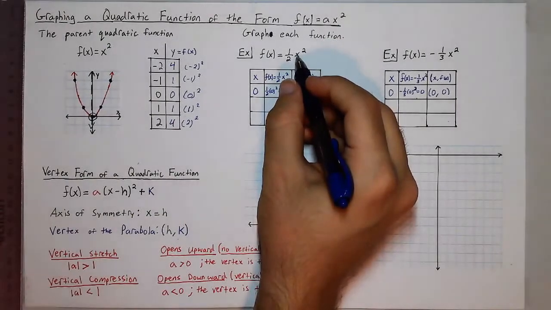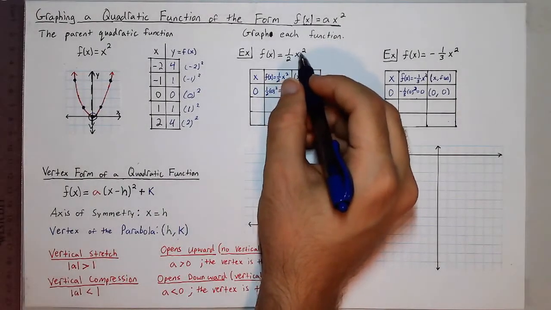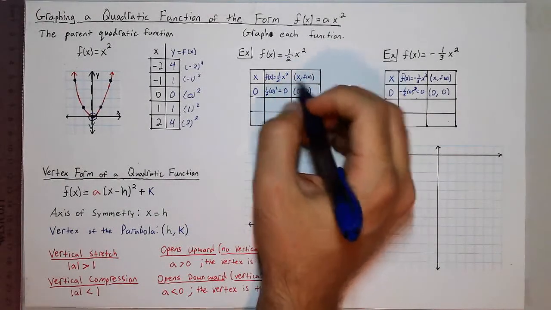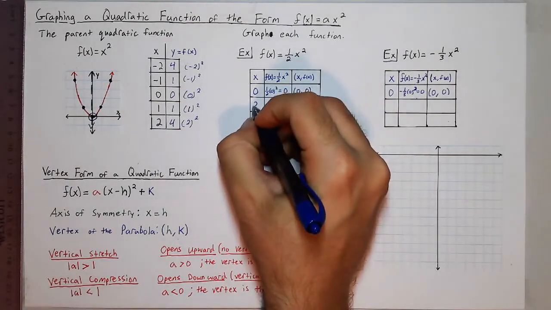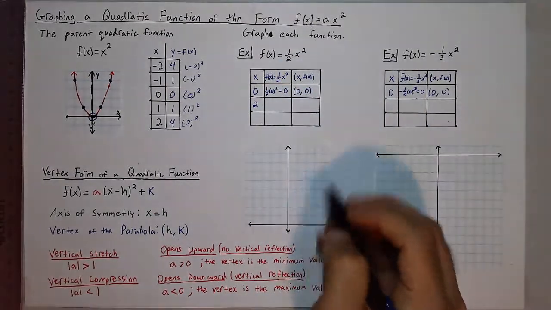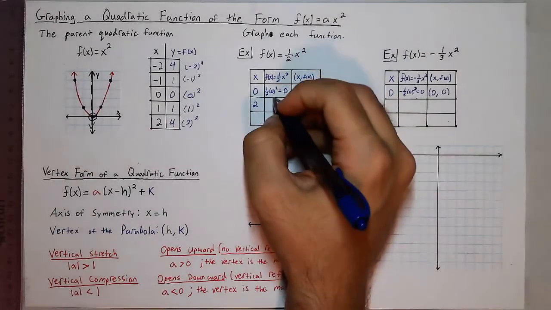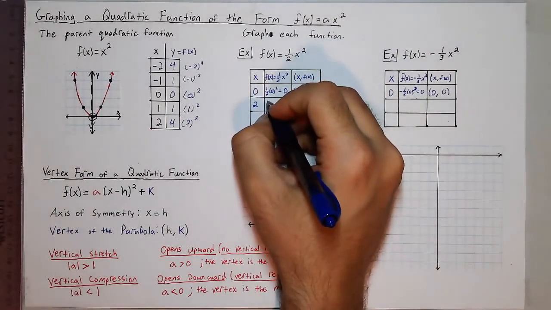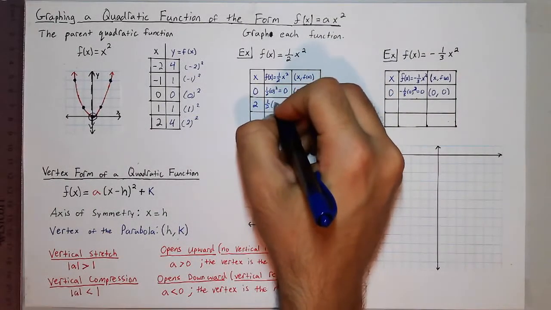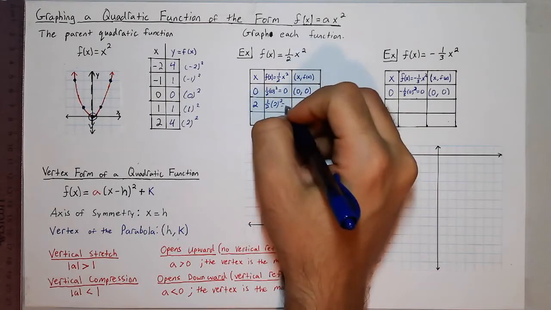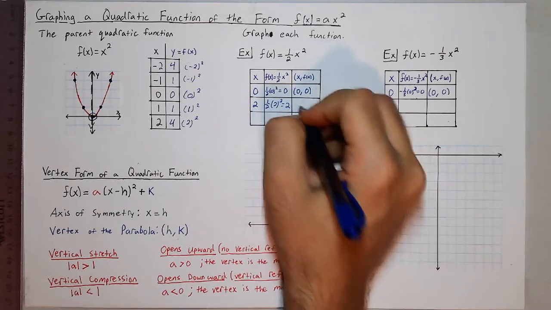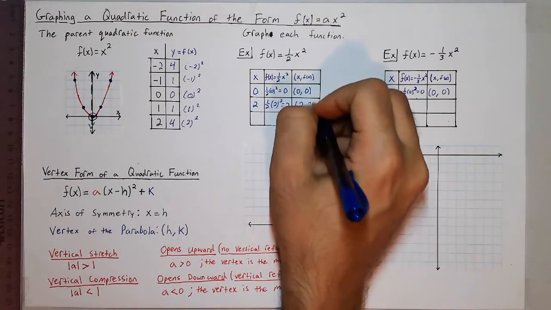If I were to plug in 1, it would be 1/2 times 1 squared, leaving me with a fraction. So instead I'm going to use 2, to give me an easier point to plot. So we have 1/2 times 2 squared, so that's 1/2 of 4, which is 2. So we get the point 2, 2.